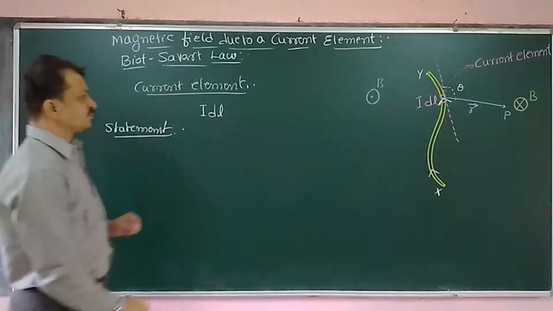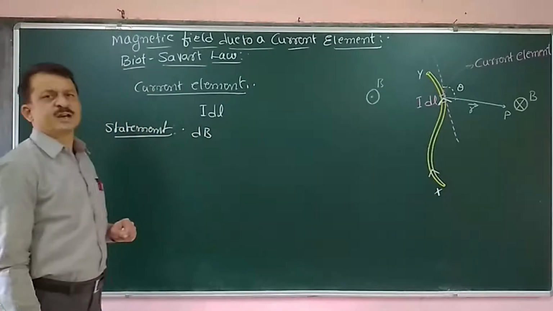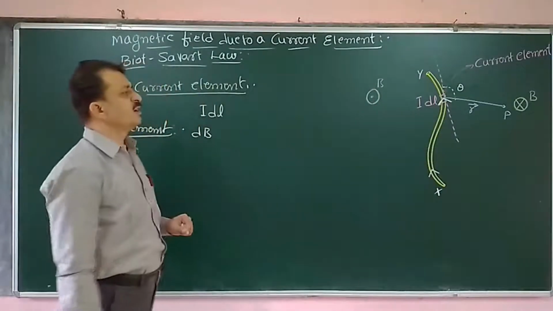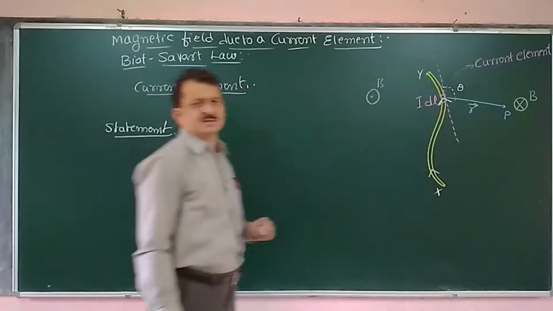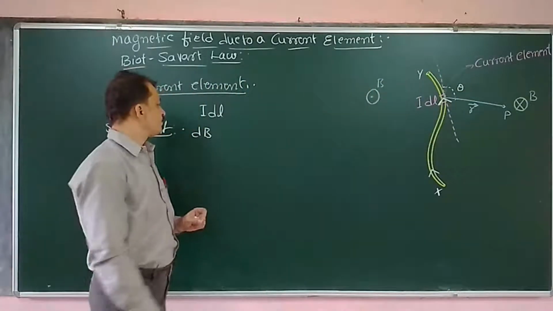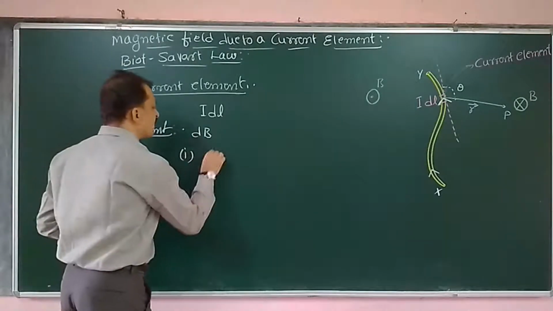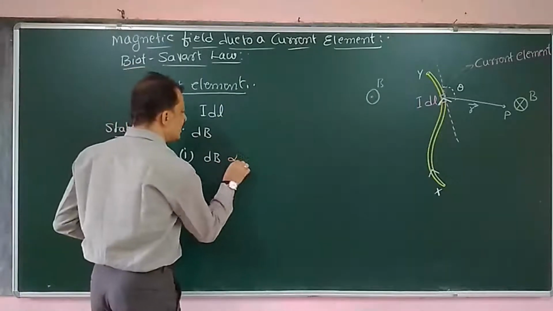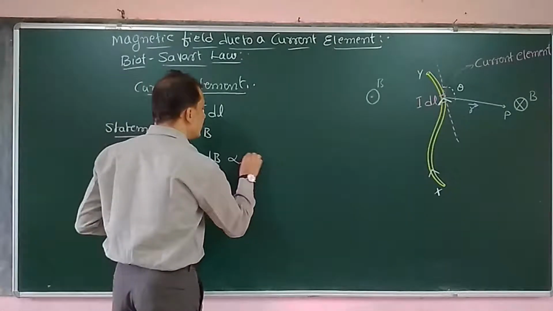The law states that if delta B is the magnitude of the magnetic field at the point P due to the current in the current element, then, first, the magnitude of the magnetic field produced by the current element is directly proportional to the current flowing in the current element.